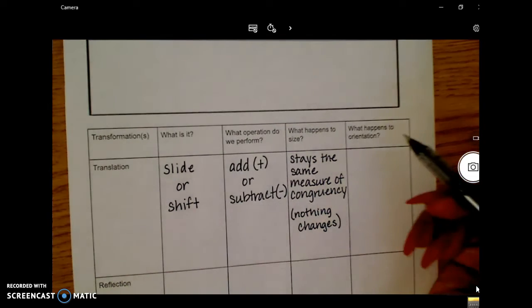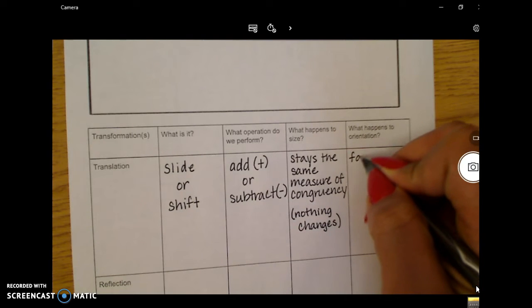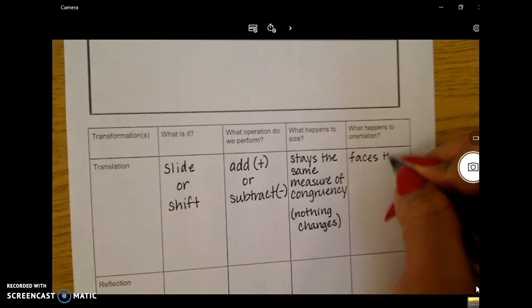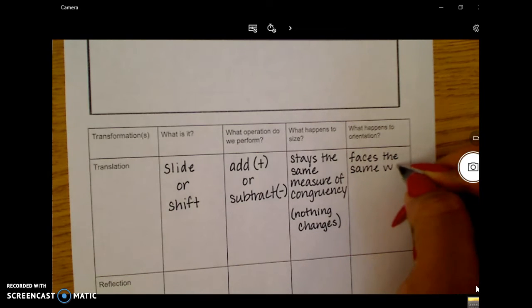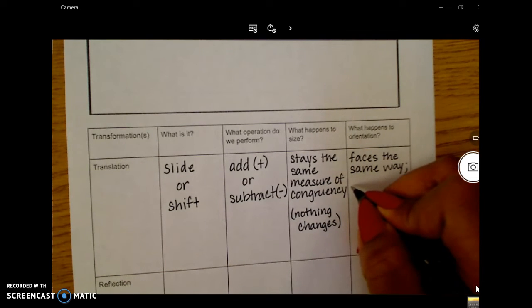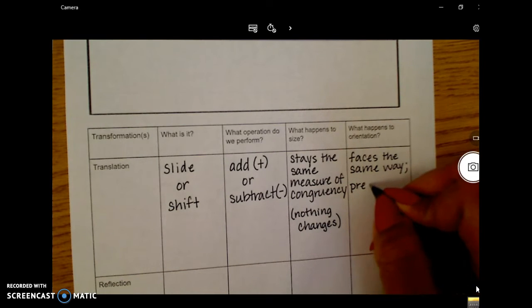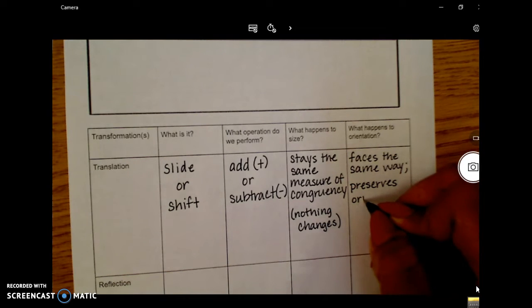And also, what happens to the orientation? It faces the same way, which means it preserves orientation.